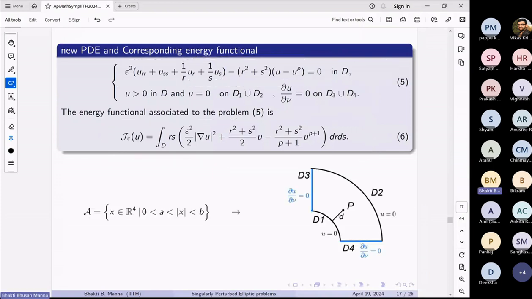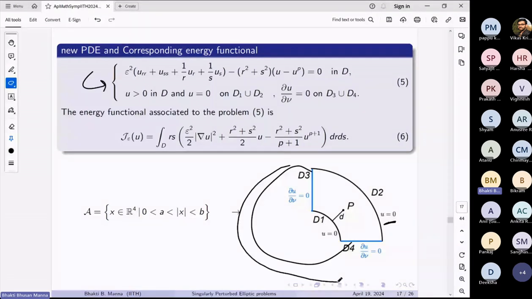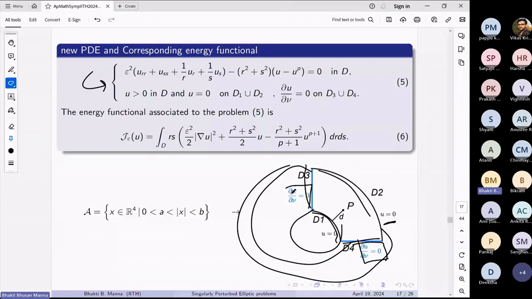There are a few technical issues because the original problem was dealing with Dirichlet boundary condition. After this transformation, our domain, which was originally annular, has become this particular domain. Not only that, we have added a Neumann boundary condition because of this restriction.